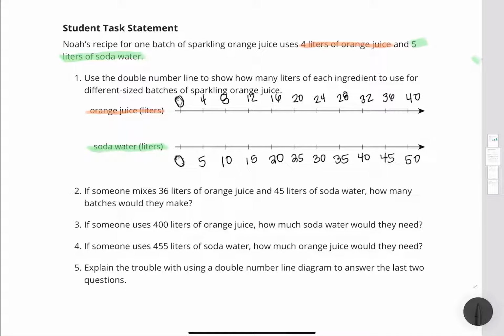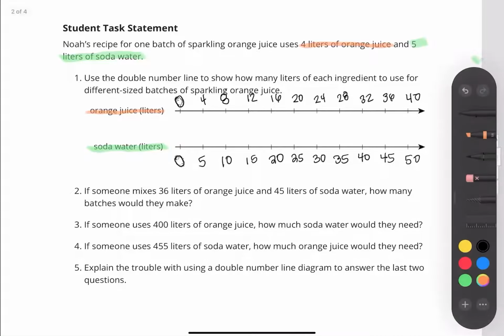Okay. So number 2 asks us, if someone mixes 36 liters of orange juice and 45 liters of soda water, how many batches would they make? So I look at my double number line to see if those numbers are even there.